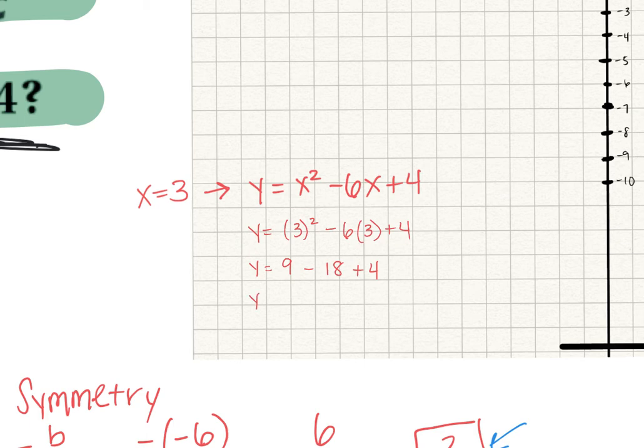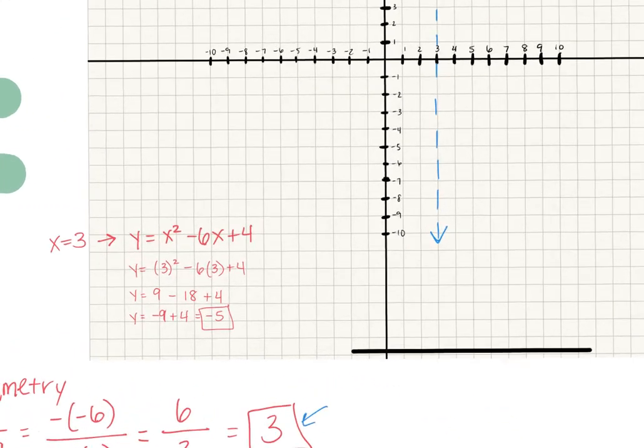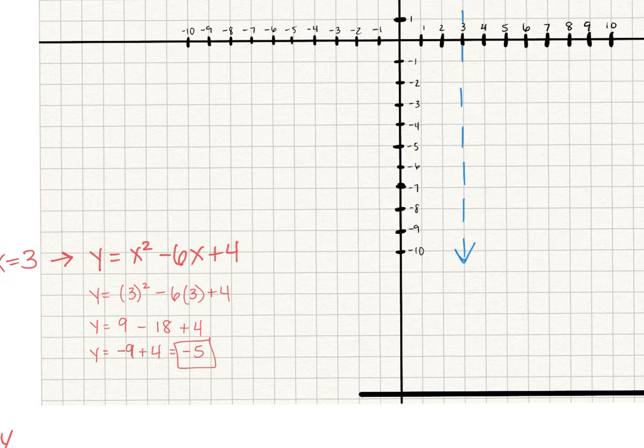So 9 minus 18 gives me negative 9, plus 4 gives me negative 5. So I know it's going to lie on this axis of symmetry, go down 5 units, and put a point.